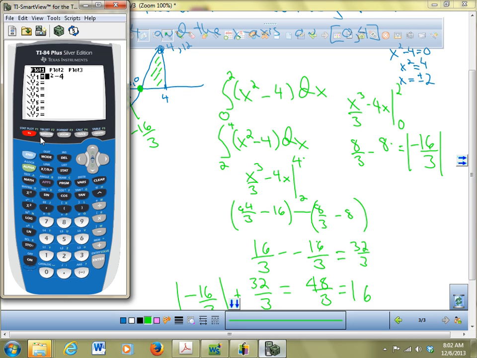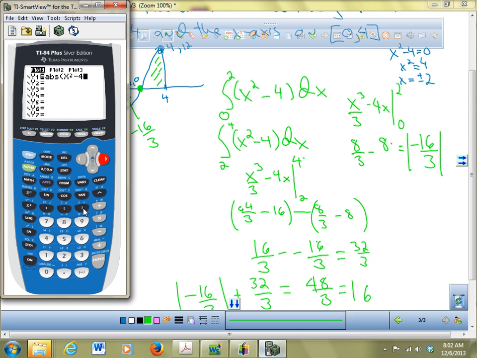Now, so what you could do with this function, okay? I gotta turn my stat plots off. So this isn't going to give you the area, but what you could do is you could change this function and insert an absolute value in there. Second, insert math, go over to num, okay, see ABS, and you plug that in, and you close the parentheses.